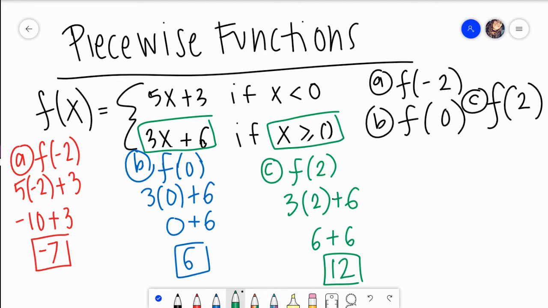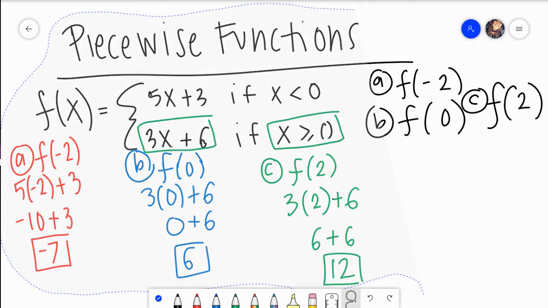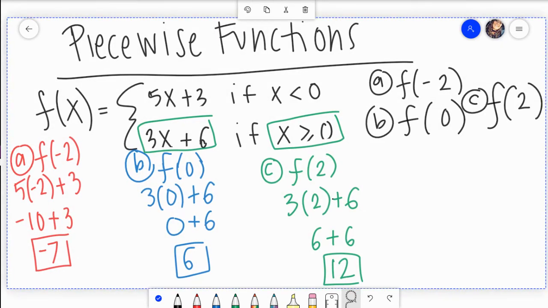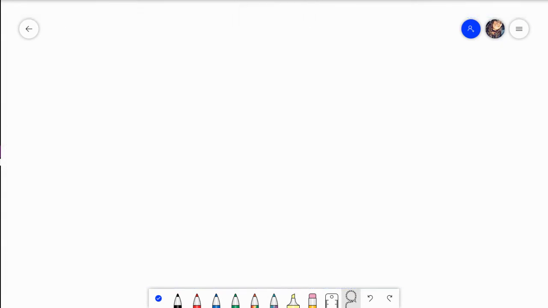Okay, so I'm pretty sure I can use this lasso right here, and then delete. Okay, so now what we're going to do is look at this piecewise function that they give us. What they give us is f of x equals our brace.